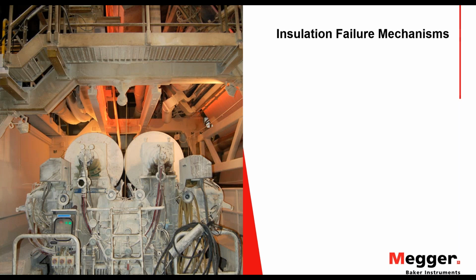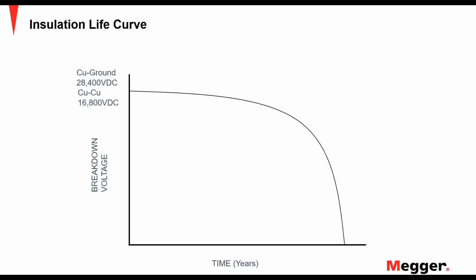First of all, we'll look at the insulation failure mechanisms. And again, I know Abel has gone over this. We've looked at this life curve, and now you know what those numbers mean at the upper left. The capacity of the motor, copper to ground, the ground wall insulation, is very high. This is for a 460 volt motor, and copper to copper, we've got 16,000 volts AC.